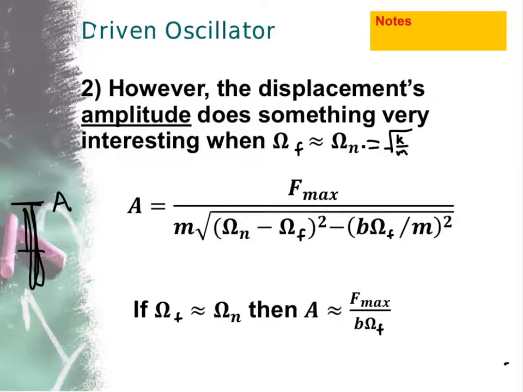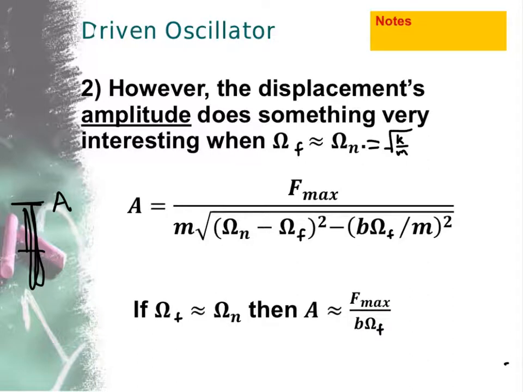So if I drive this with its natural frequency, in other words, the frequency it would go if it were just a spring and I just let it go, then it turns out that the amplitude becomes approximately the maximum force divided by the strength of my damper times the angular frequency of my driving force.